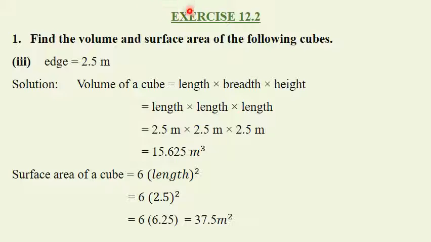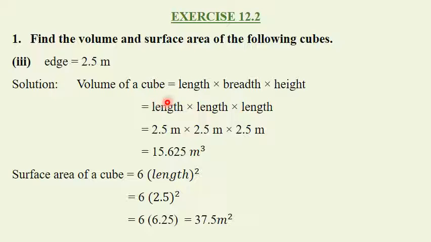Okay, now we are moving to our exercise 12.2. Question number 1 says find the volume and the surface area of the following cubes, and I have just selected part number 3, where the edge or side of the cube given to you is 2.5 meter.